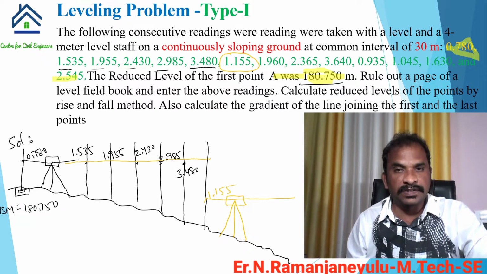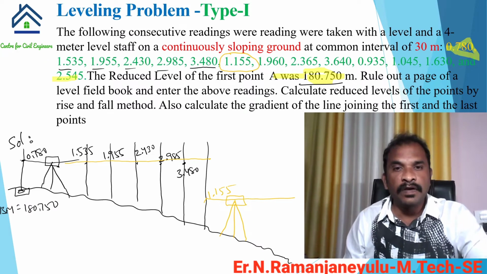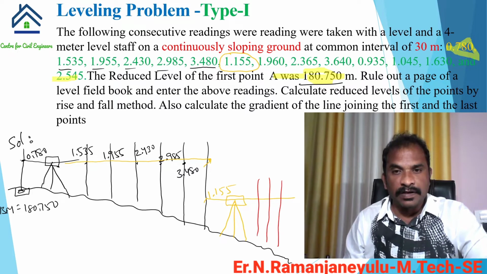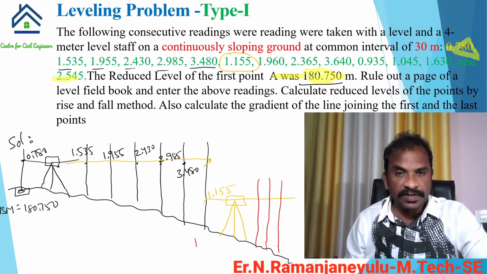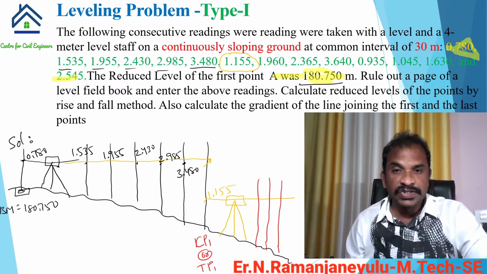Up to here, these are the values. This reading is this one, and after that values are again taken like this continuously. After the maximum value, that is 3.48, the instrument was shifted. That is change point 1, CP1 or TP1. TP1 stands for turning point, CP1 stands for change point.